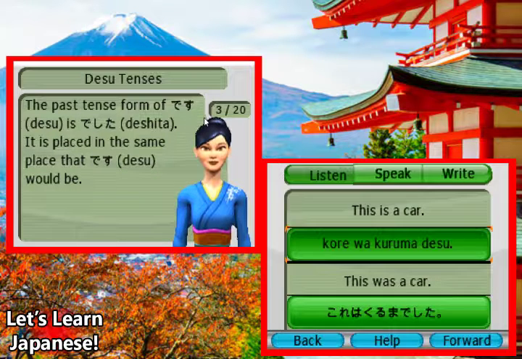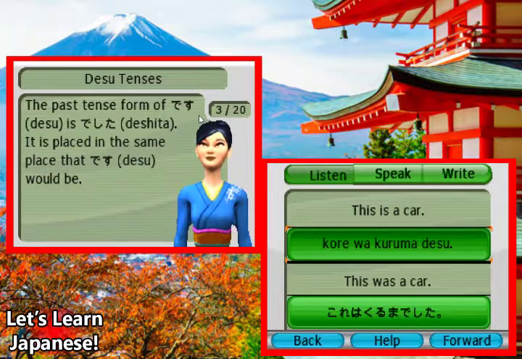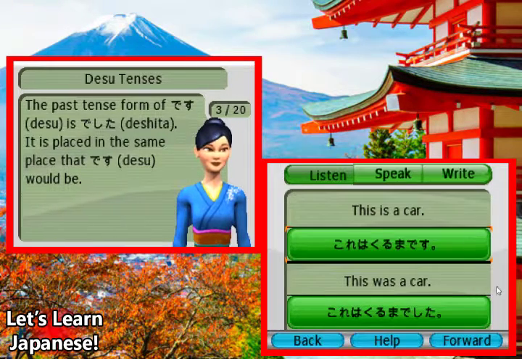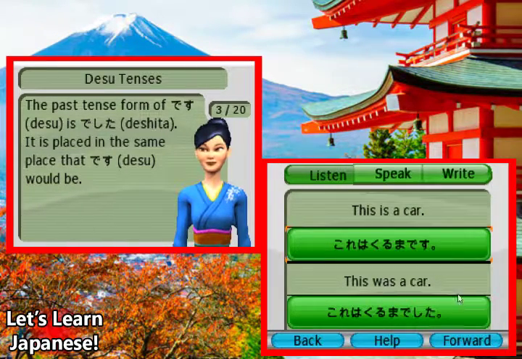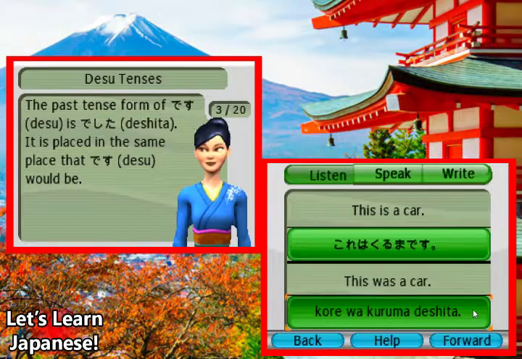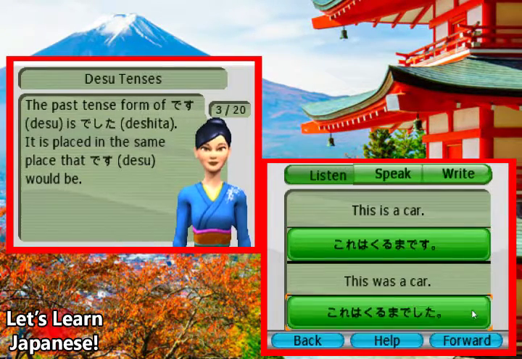You just sort of let it trail off without fully pronouncing it. Kore wa kuruma desu. Kore wa kuruma deshita. So this was a car. I don't know what it is now, but it's not a car anymore. Kore wa kuruma deshita.